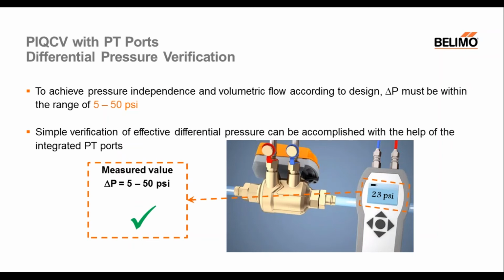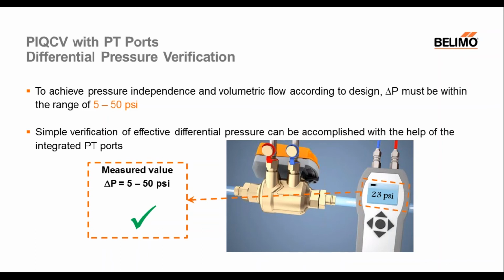With our PIQCV, we have integrated PT ports, and we can use these PT ports for measuring differential pressure. Again, we say in order to achieve pressure independence and volumetric flow according to design, we need to have a delta P within the range of 5 to 50 psi.